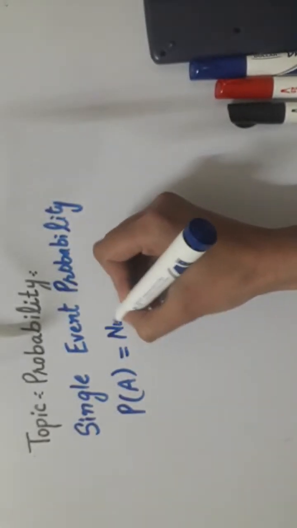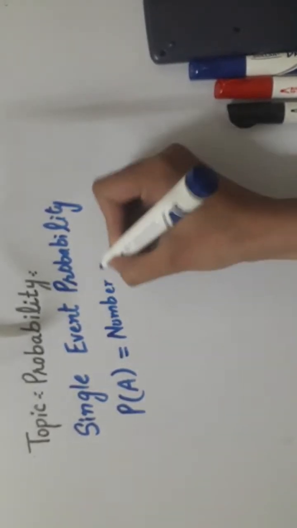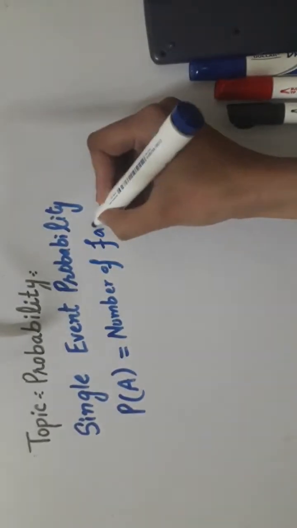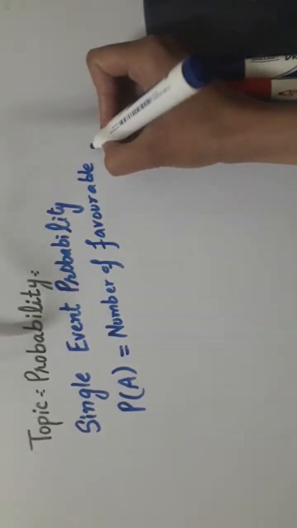Single event probability has a basic formula. P is used for probability and A, B let the event. So this is equal to the number of favorable outcome divided by the total number of outcome.